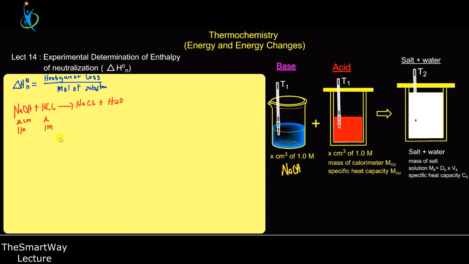So this is what we did, and the parameters are: one, we want to know the heat of the reaction, but realize that the acid and base will give up heat. When acid reacts with base, there is heat that is given off to the surrounding. That's what the thermometer will capture.